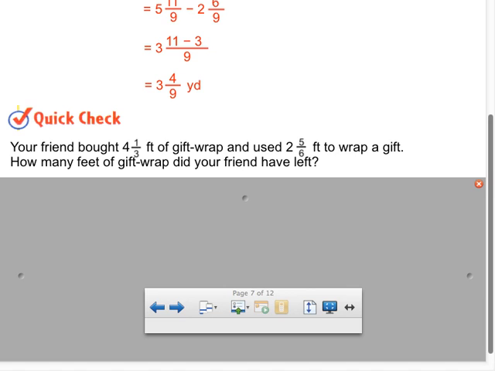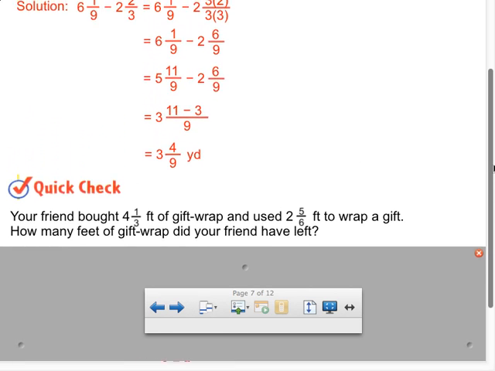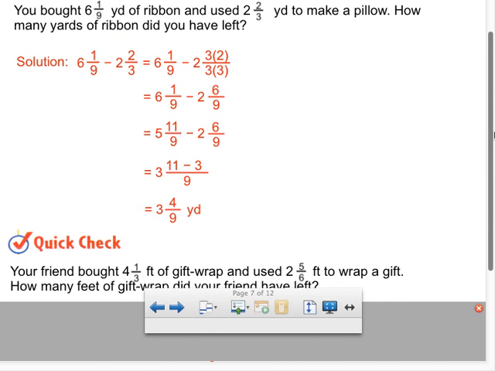Now this one's a little bit different, okay? If you look back at the previous problem, we had to get a common denominator. 9 was the LCD. So I rewrote 2 2/3 as 2 6/9. But then I have 6 1/9, and that's clearly greater than 2 6/9, but I can't take away 6 from 1.